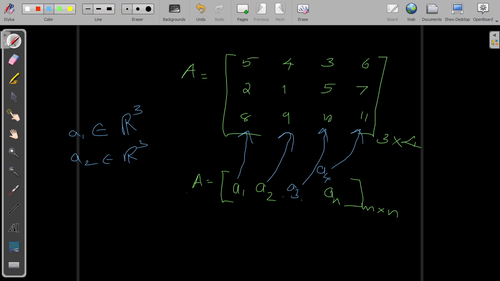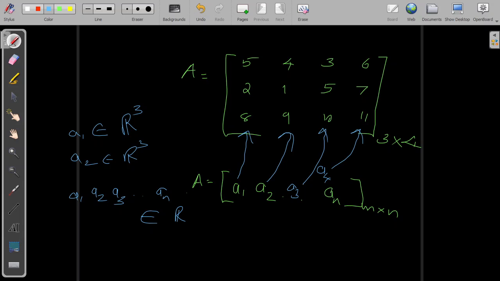So in general, we can say that A1, A2, A3, etc. An are vectors of R^m. If it is an m by n matrix, then m corresponds to the number of rows.